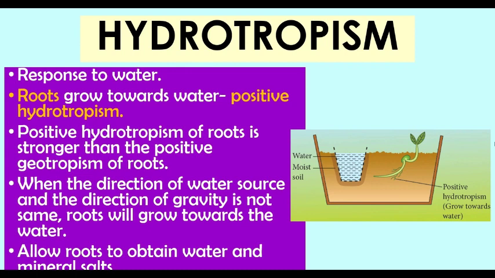This response is often stronger than the response to gravity. Thus, roots can grow sideways or upwards in the direction of the water source, ignoring the gravity pull. Shoots, on the other hand, grow away from water. They are said to show negative hydrotropism.